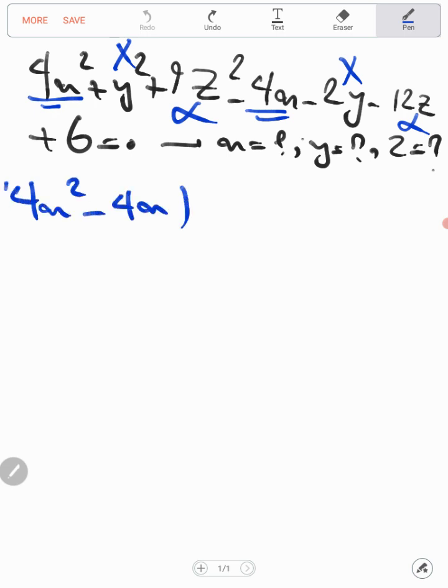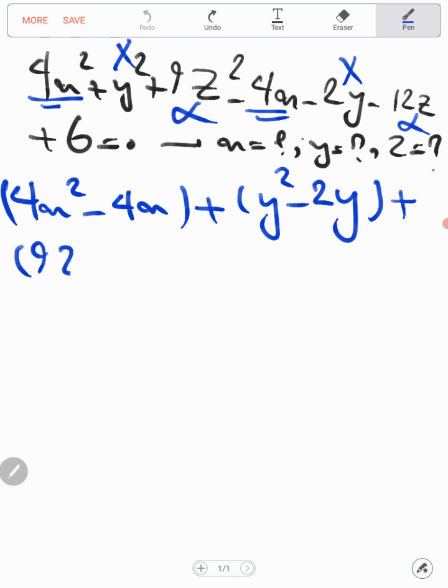I think it's better to put these similar variables into a parenthesis, and then y squared minus 2y, and then plus 9z squared minus 12z, and then plus 6 is equal to 0.